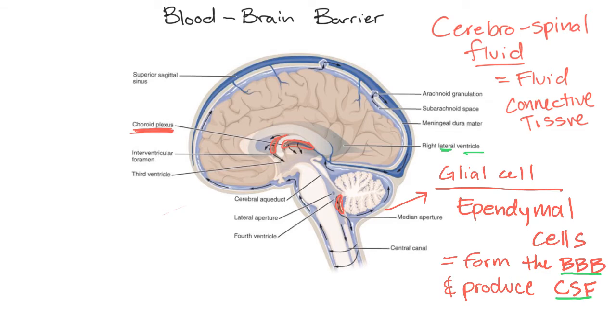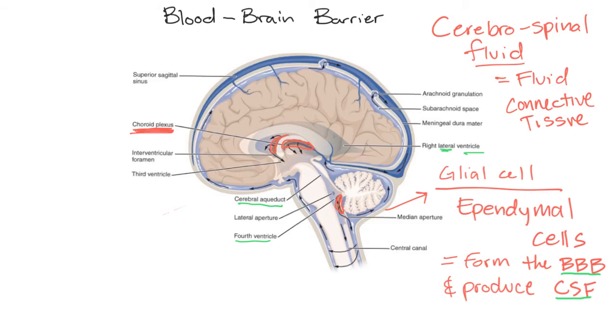It then flows through this cerebral aqueduct into the fourth ventricle. You have more cerebrospinal fluid being made at this lower choroid plexus, and then it goes all the way around the brain and is constantly bathing the brain in cerebrospinal fluid.